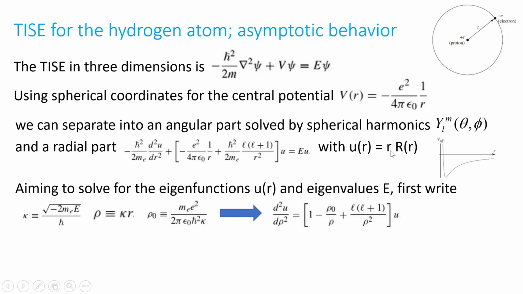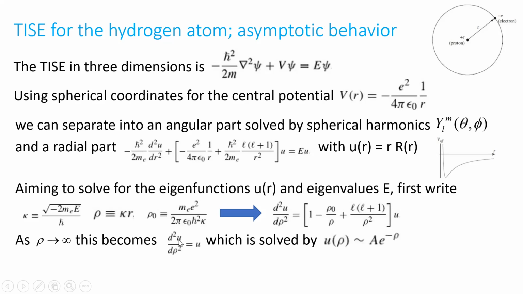Okay, so I said we were going to look at asymptotic behavior. That's one of the advantages of putting the equation in this form. So if we look at large rho, which would be large r, as rho goes to infinity, since rho is in the denominator here, in rho and rho squared, these terms would get very small. So we just have the second derivative of u is equal to 1 times the function, d squared u is equal to u.